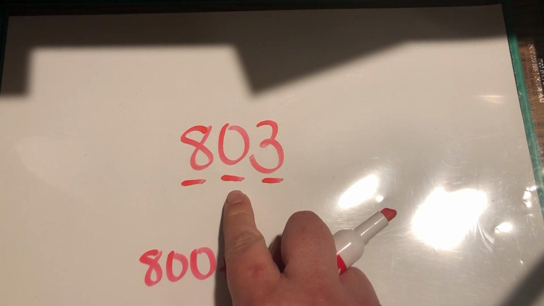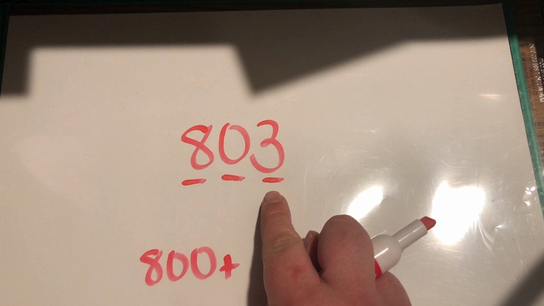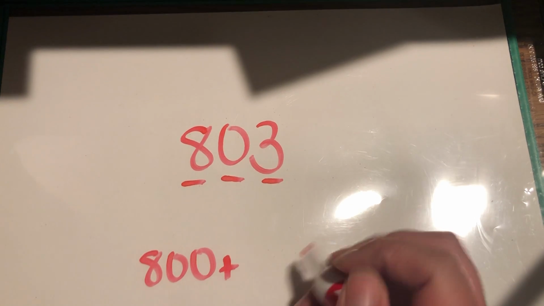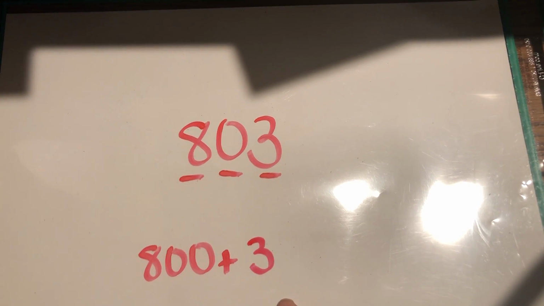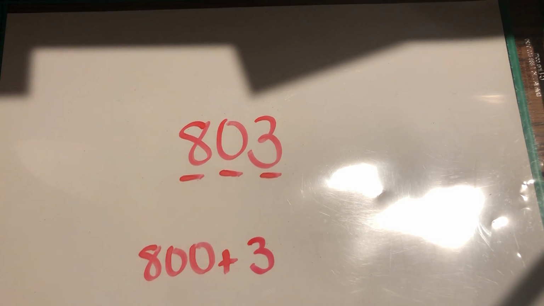Now, I have a 0 representing my tens. So do I write a number for my tens? No, I don't. I go straight to my ones because there's a digit bigger than 0 representing that. So how many ones do I have? I have 3. So expanded form for 803 is 800 plus 3.